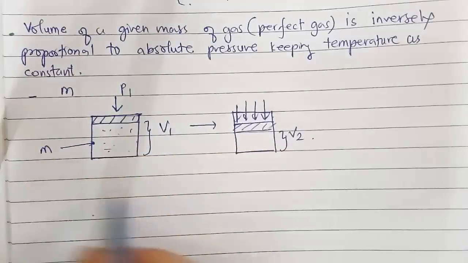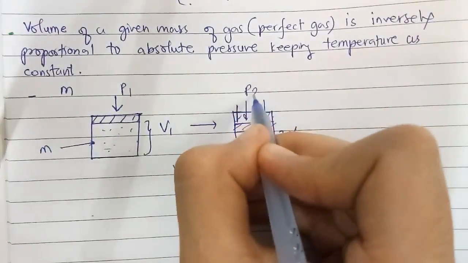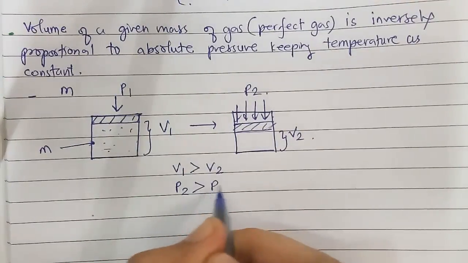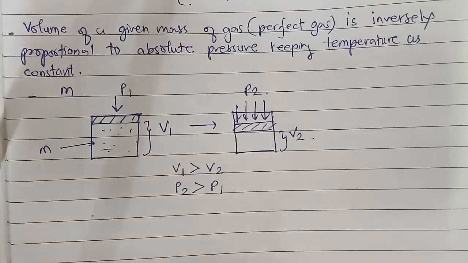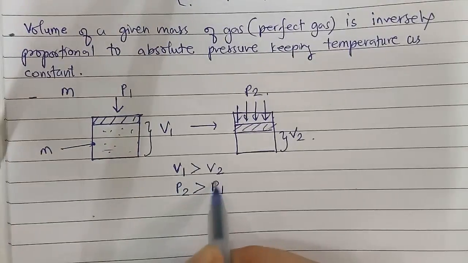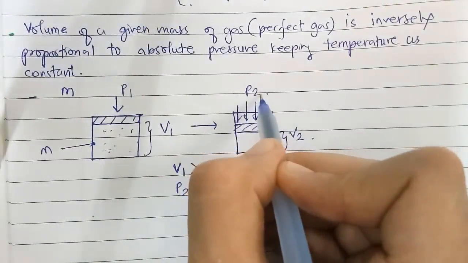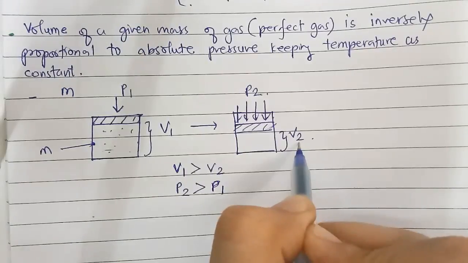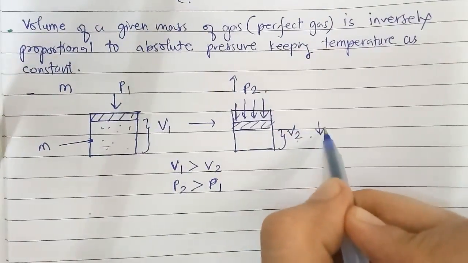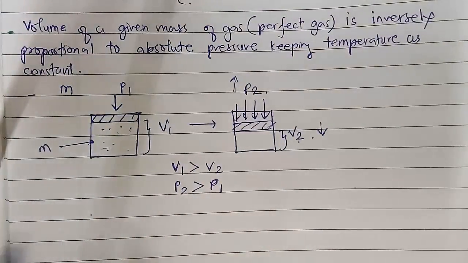So if we consider this situation, V1 is greater than V2 and P2 is greater than P1. What does it show? It shows that initially the volume is V1 while we are applying the pressure of P1. When the pressure is increased to P2, its volume is decreased, which means when the pressure is increased, volume is decreasing. That's what Boyle's law explains.